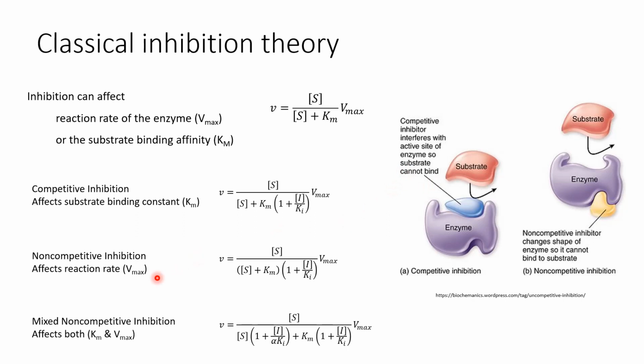And then the mixed form here is an equation that is used to describe changes in both the substrate affinity, as defined by the competitive, and the maximum velocity at the same time, because you can have that happen where the inhibitor changes both the maximum velocity and the substrate affinity.